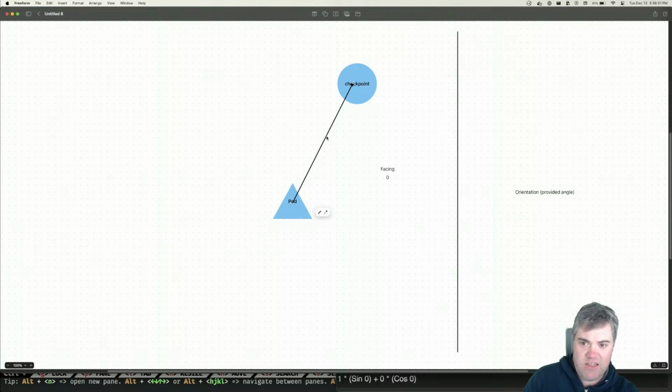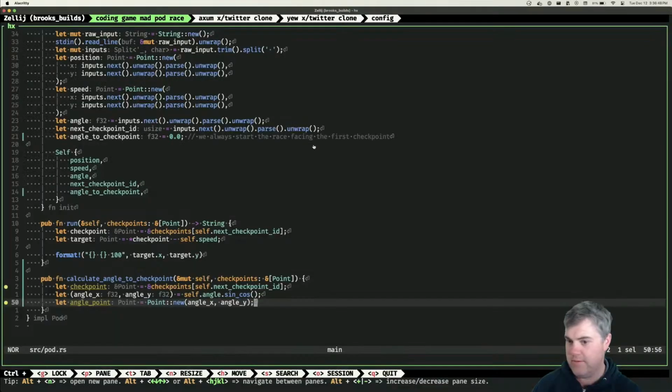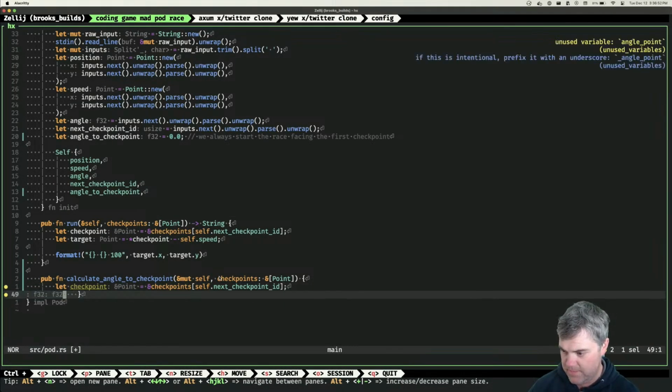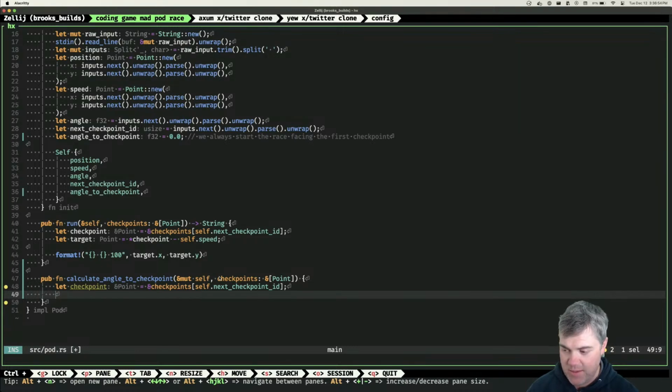Okay, yeah. So the vector would be this line here, pointing from the pod to the checkpoint. I have my checkpoint there and I have my position.